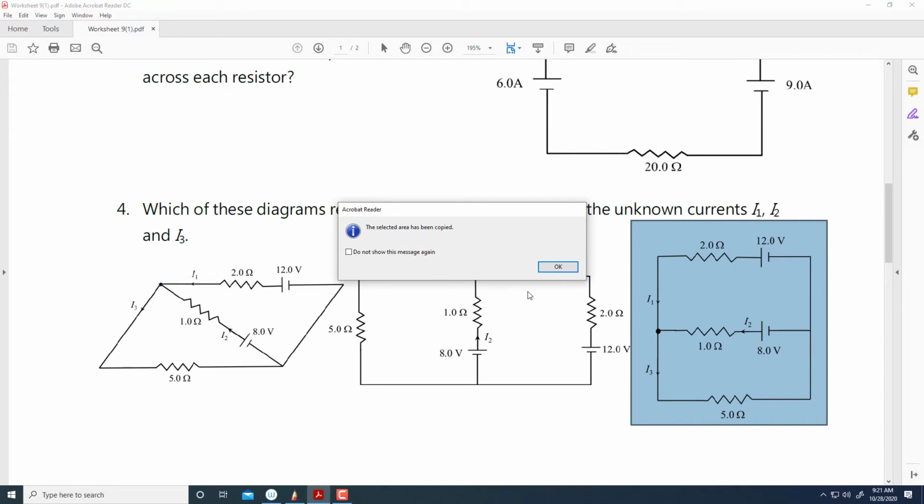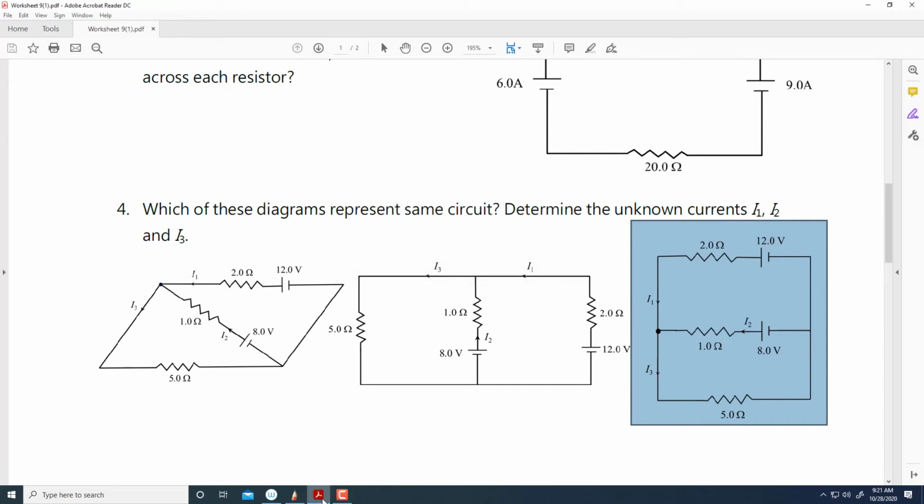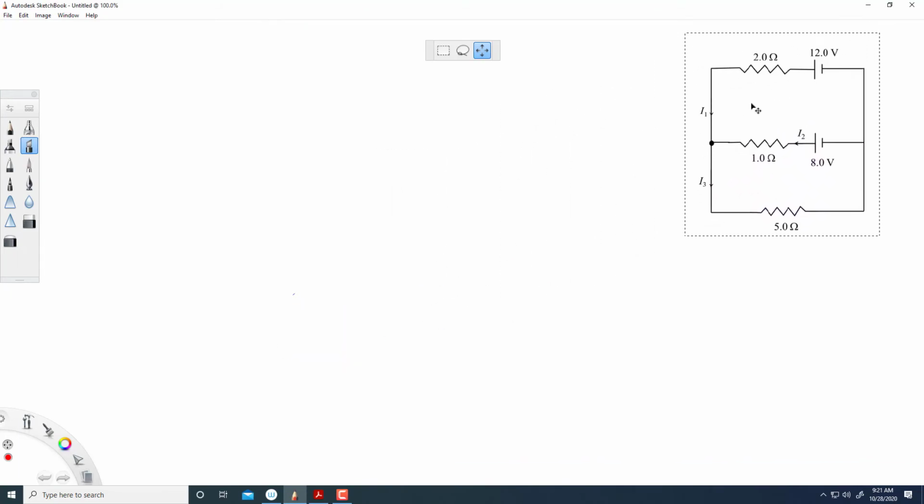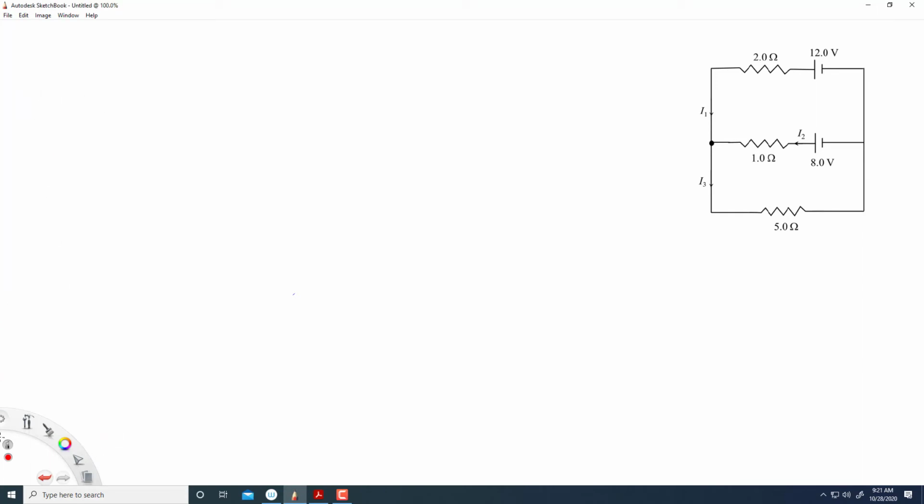So let's use the loop rule to find I1, I2 and I3.